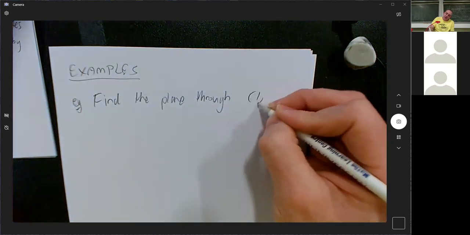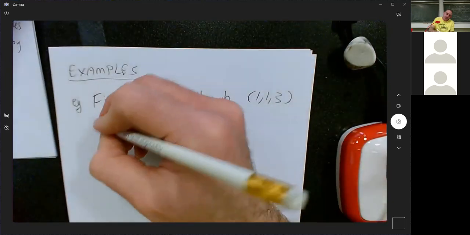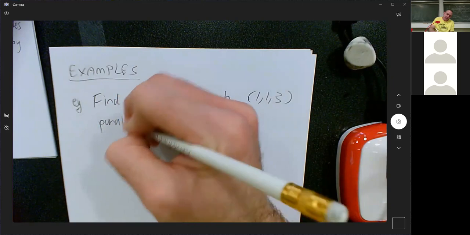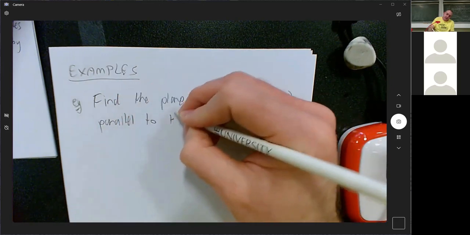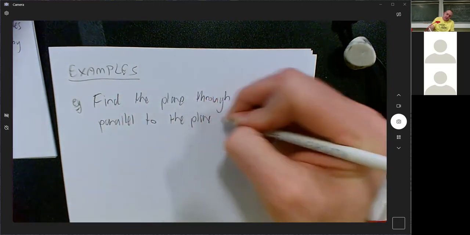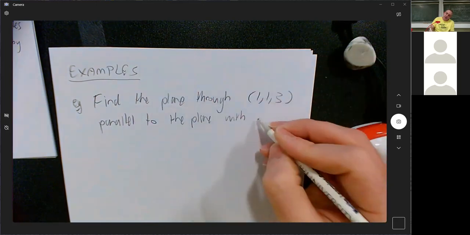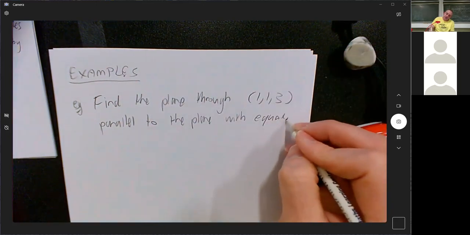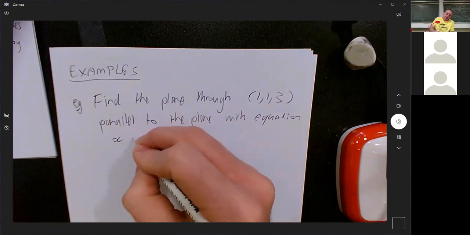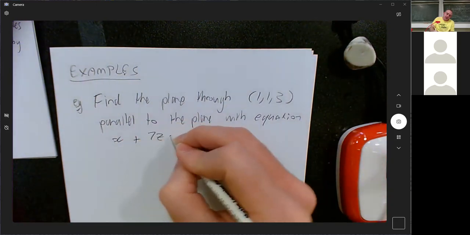Find the plane through the point 1, 1, 3, parallel to the plane with equation x plus 7z equals 8.